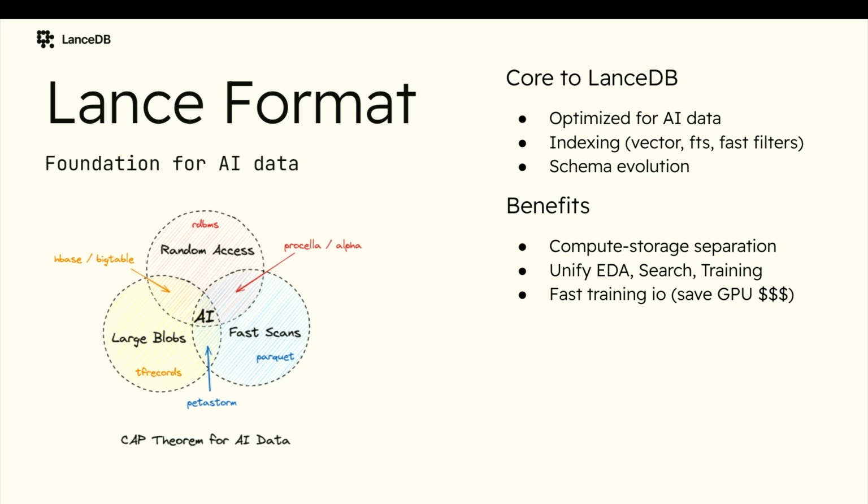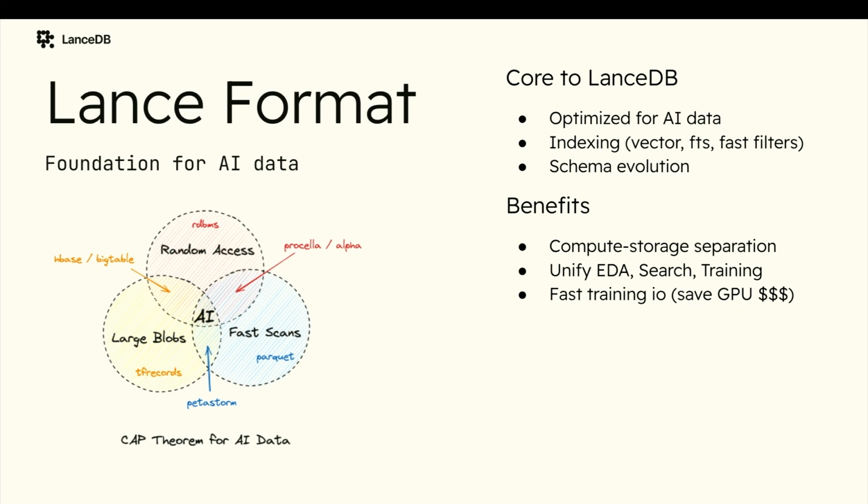So if you're experimenting with your RAG pipeline, or if you're experimenting with fine-tuning, you can add features or you can add new vector columns without having to copy the old data and without having to throw away the old data. And you can search on multiple vector columns as you like. And these things are essentially automatically versioned. So if you find that you've messed up, you can always instantly roll back to a previously good state.